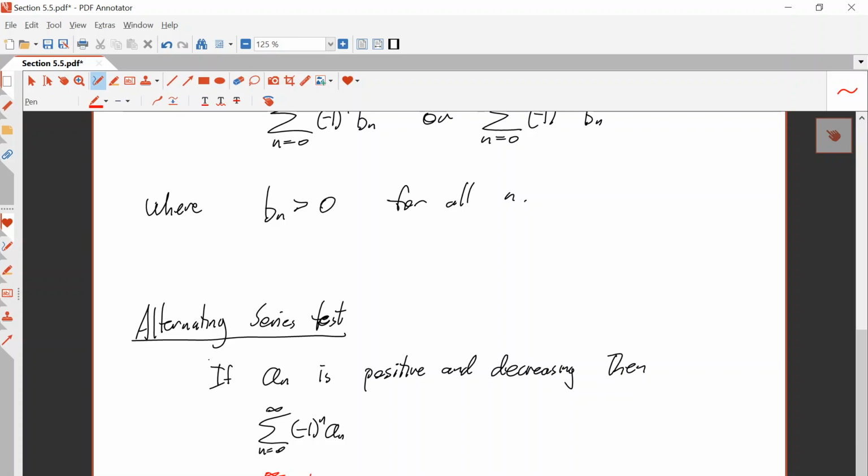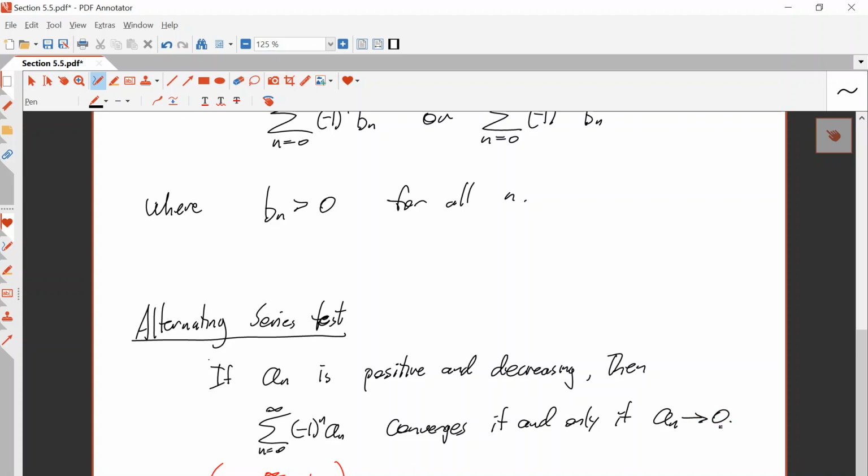So there's always two choices for how you alternate it. Either the first term is positive or the first term is negative. So if a_n is positive and decreasing, then the alternating series converges if and only if a_n converges to 0.